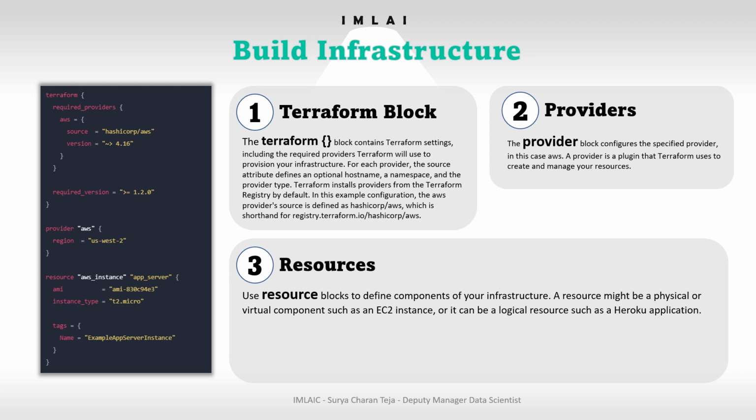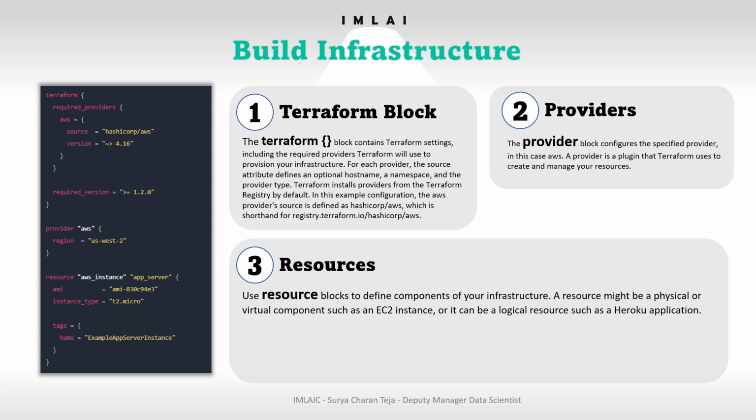Finally, the resource block contains arguments which you use to configure the resource. Arguments can include things like machine sizes, machine disk image names, here the disk image name AMI, and machine size, that's t2.micro, or VPC IDs, virtual private cloud IDs.